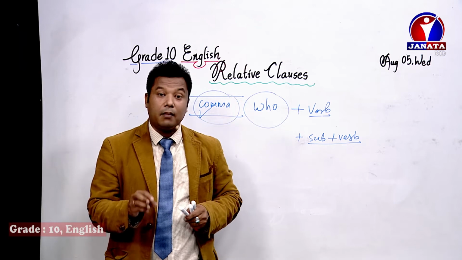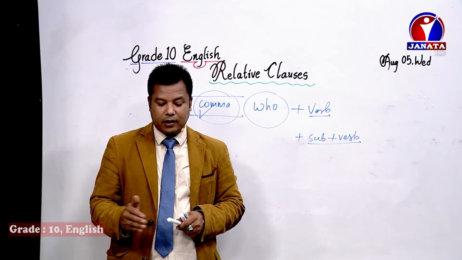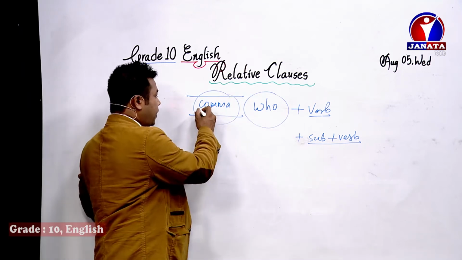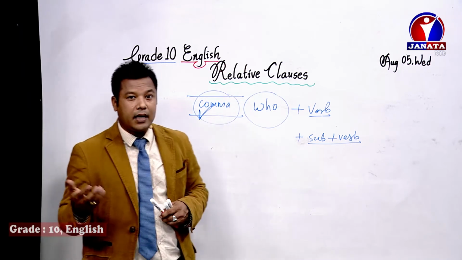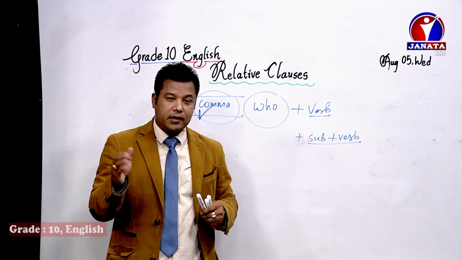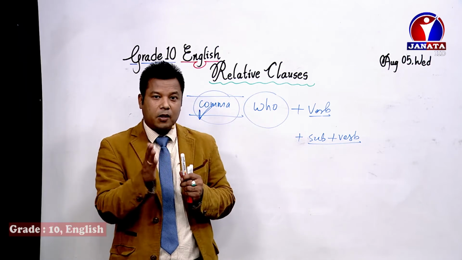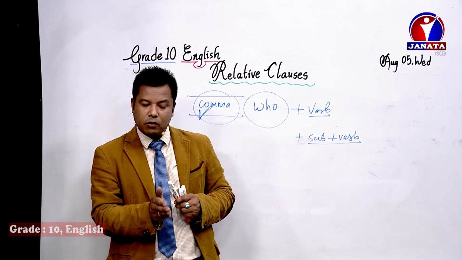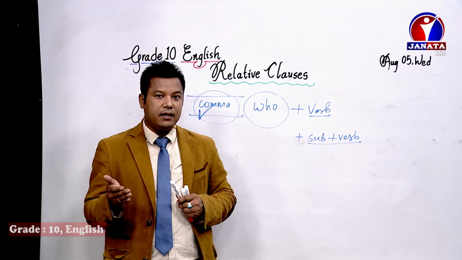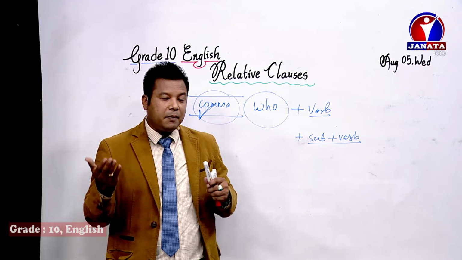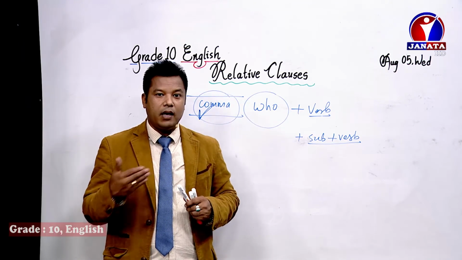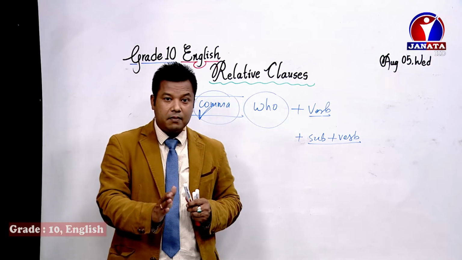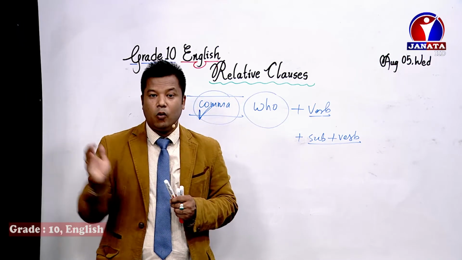If I remove the comma here, Mary who arrived late at the party is my cousin. When I use a comma, non-defining relative clause, our understanding together is that the number of Marys, from the context that I'm talking about, is only one. All right? But once I remove the comma, the meaning changes. Might be, in the context from where I am speaking, there is more than one girl whose name is Mary.